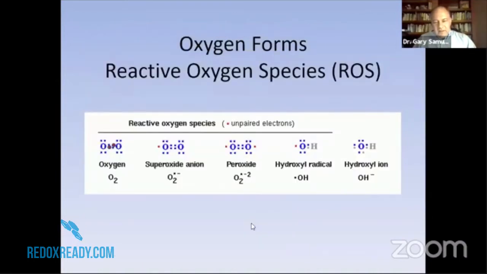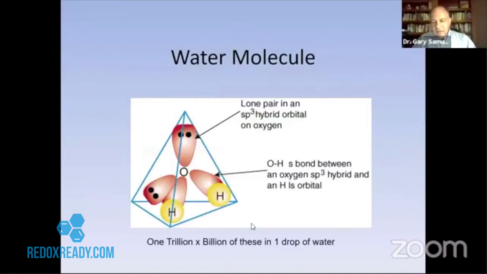And when it grabs an electron, it becomes a new thing. Oxygen, when it grabs an extra electron, becomes a superoxide ion. If it grabs another one, it becomes a peroxide ion, like hydrogen peroxide. And then it grabs more and becomes more and more active. It also becomes more reduced, and the most reduced form of oxygen is water.